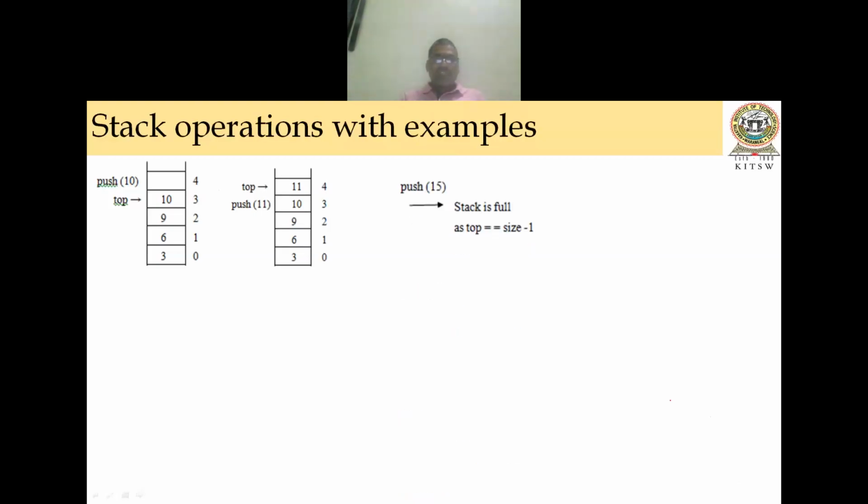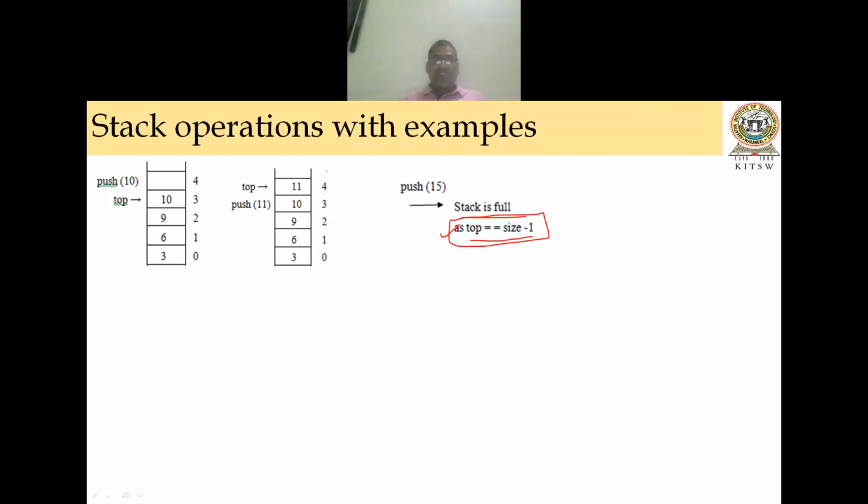So if you want to push 15, because there are a maximum of 5 elements, the size of the stack is 5, we can say that the stack is full as top is equal to size minus 1. This is the condition we have to write if we want to check whether the stack is full or not: when top is equal to size minus 1, because the index always starts from 0.